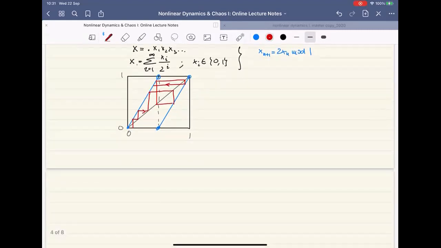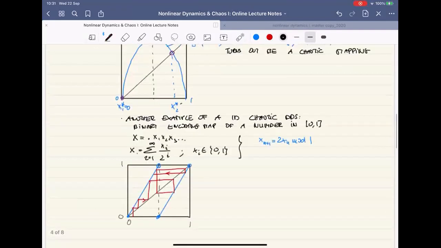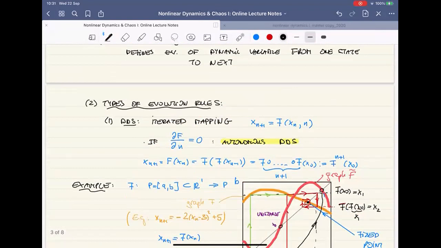And thus it's in contrast with the second class of systems, which are in fact more prevalent in science and engineering, the continuous dynamical systems. Remember, this was just examples for discrete dynamical systems, because I was talking about the evolution rules that you can have.